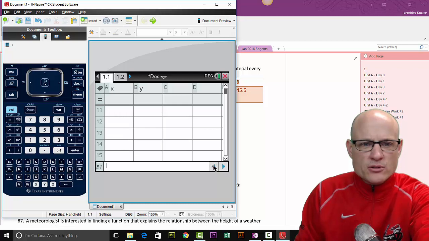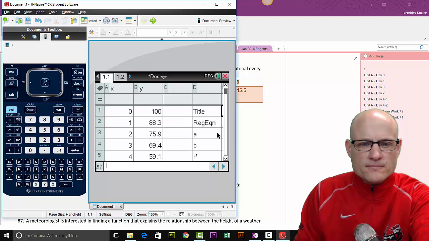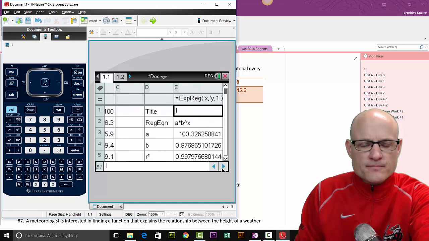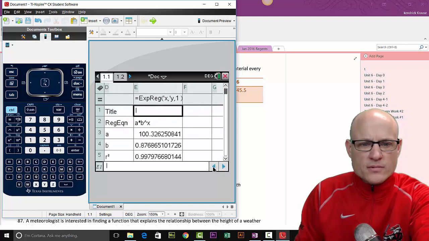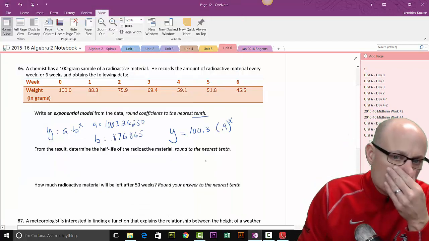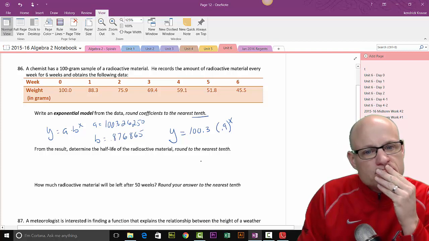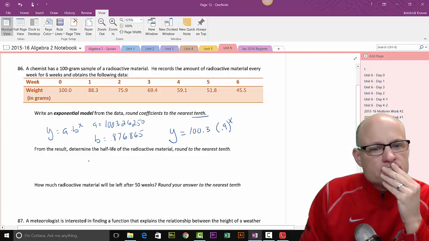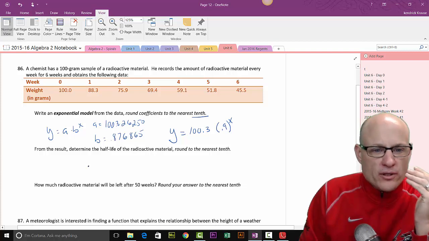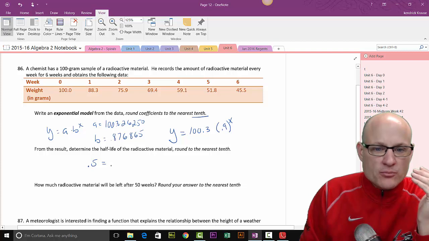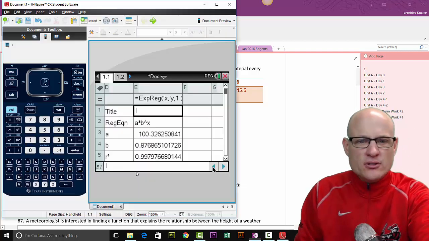The half-life should be somewhere. Where the heck did I go? Oh, 0.5 is equal to 0.9 to the x. I think I used 2.